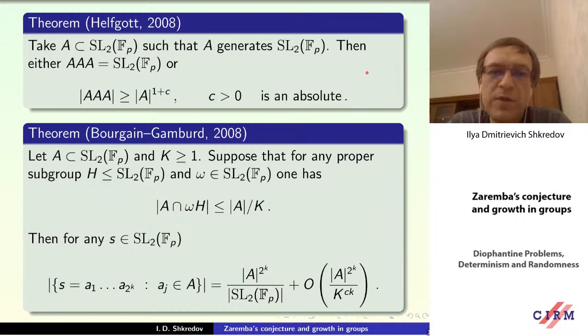So the size of A cubed is greater than the size of A to the power 1 plus c, where c is an absolute constant.